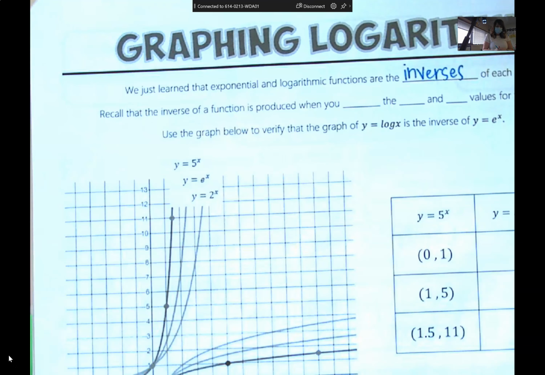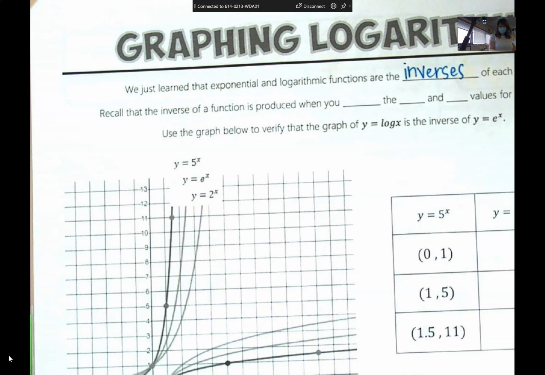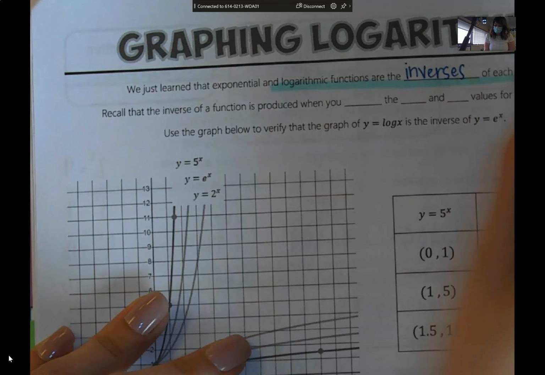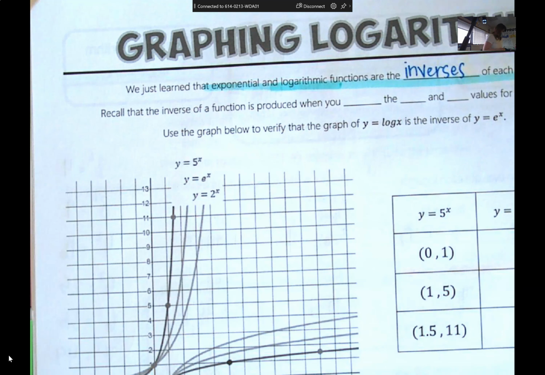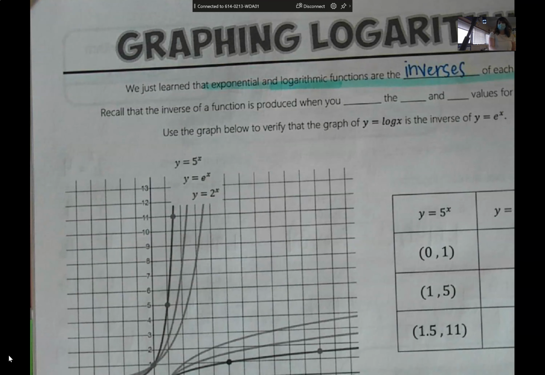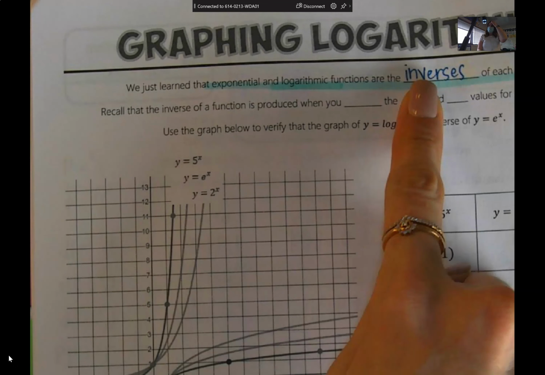And that does show up on your quiz today. You have one specific question that says, what is the relationship between logs and exponents? And they want you to identify that they're inverses.